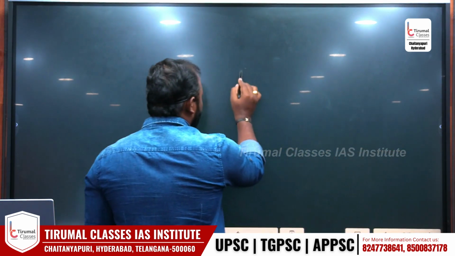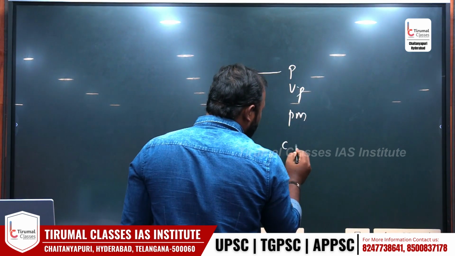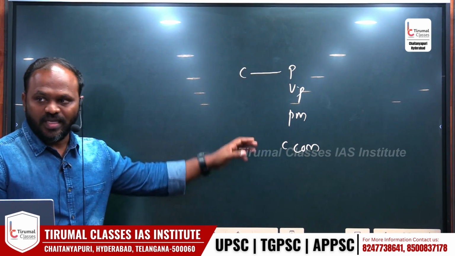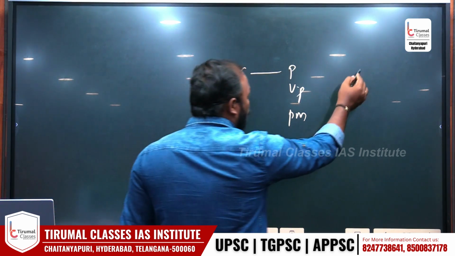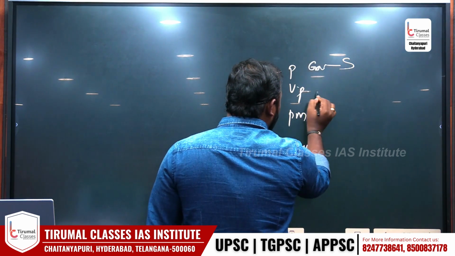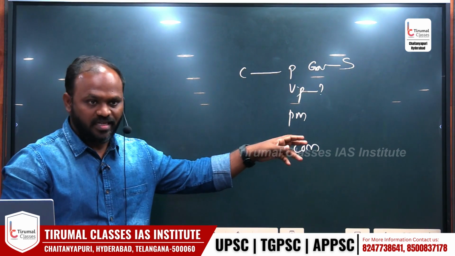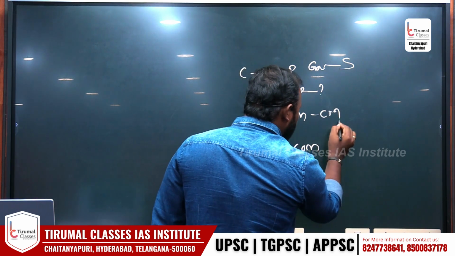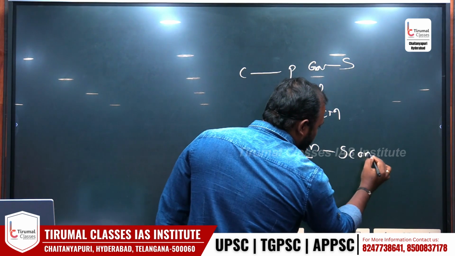In the central government, we have the president, prime minister and the central council of ministers. Each one is a separate topic, and I'll discuss it in a very detailed manner. Don't worry. In the state government, in place of the president we have the governor, but there is no vice governor or deputy governor. Followed by the central prime minister, the state has a chief minister, and here the central council of ministers, there the state one.